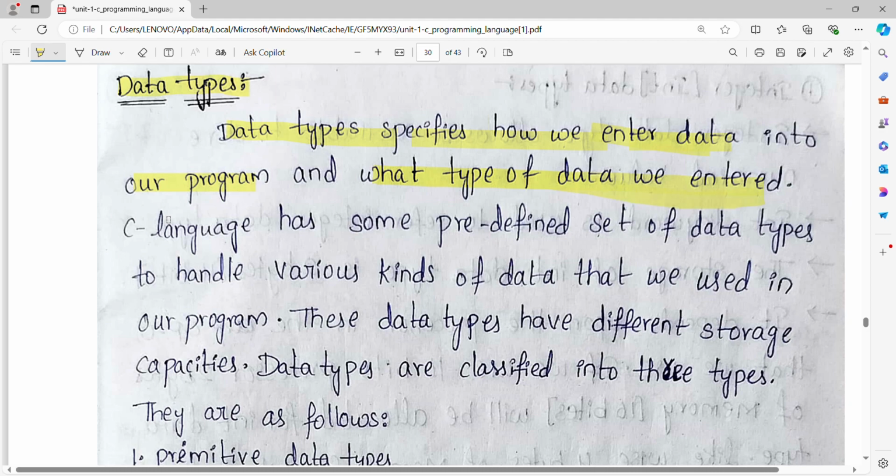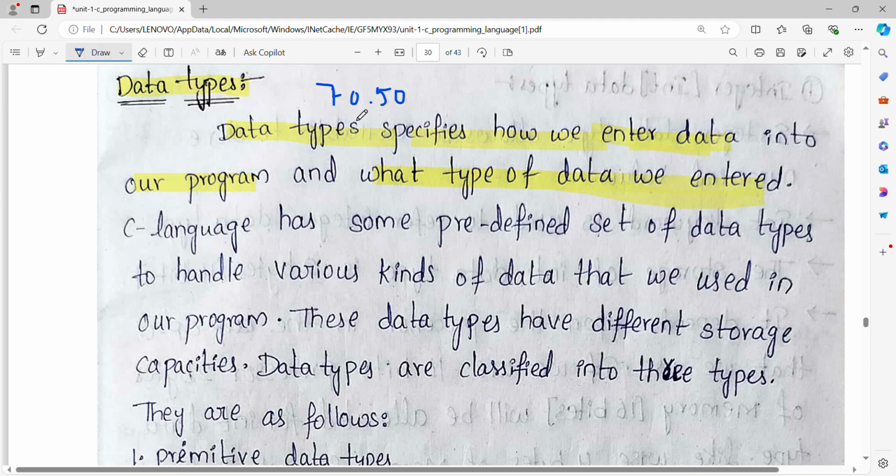For example, a decimal number is like your average marks, 19.5, 78.60, 70.50.